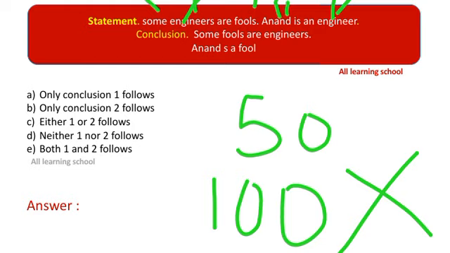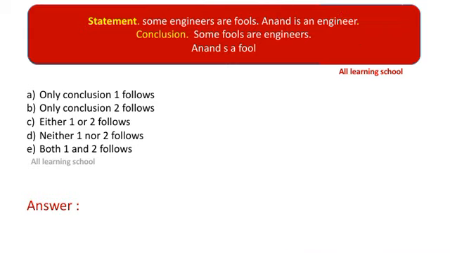Now we will solve it by the rule of exception. The exception rule says that if both words in the conclusion are present in a single statement, it will be correct. According to the first conclusion, some fools are engineers. Fools are present in the first statement, and engineers are also present in the first statement.